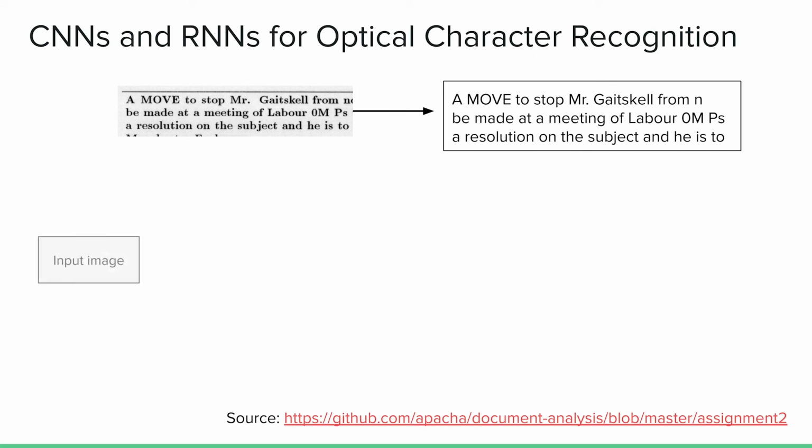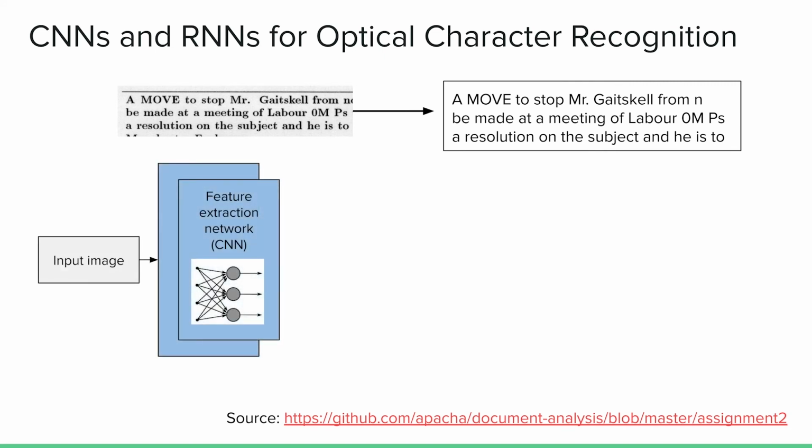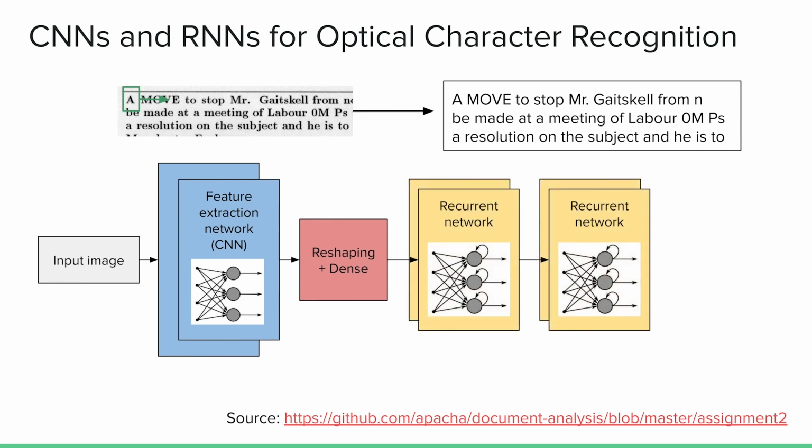Well, we could take the input image, extract some features in a meaningful way, and then reshape this, put it in the dense layer, and then feed it into our recurrent neural network. What it does is that we process our text line by line.